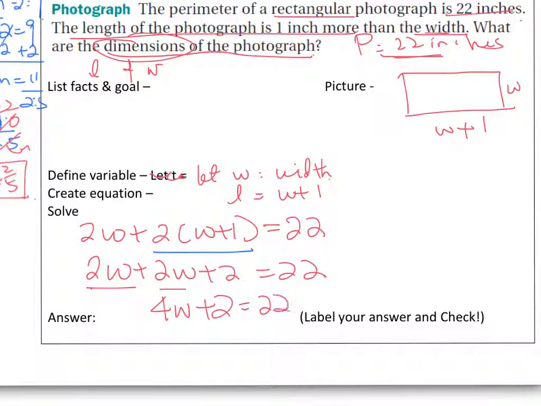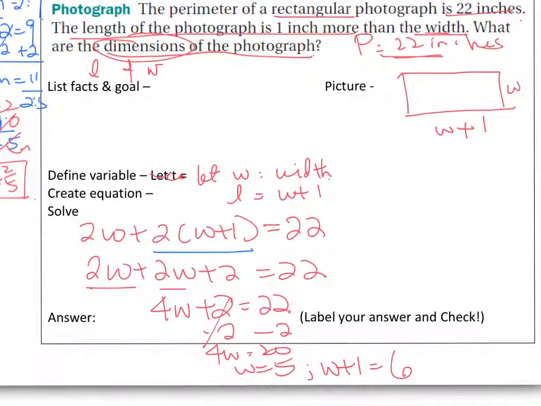Combine like terms. Then we need to subtract 2 from both sides. 4w equals 20, w equals 5. Therefore, w plus 1 gives you 6.